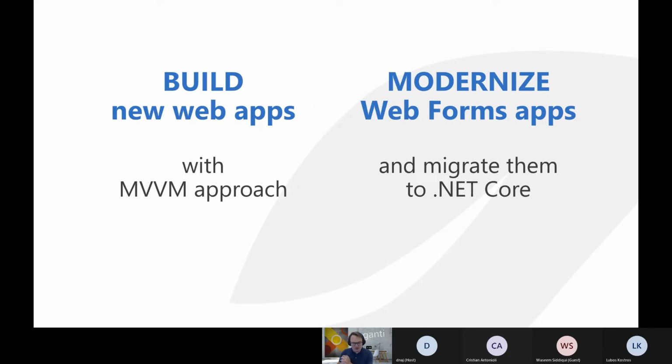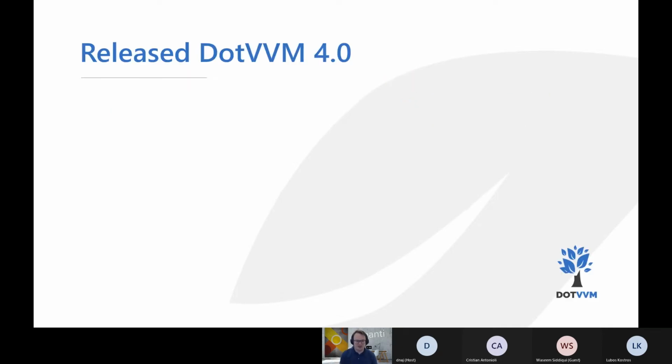And when you get rid of all dependencies of System.Web, which is not part of .NET Core, then you can just upgrade your project to .NET 6, and DotVVM will still work, and everything will be ready for taking advantage of new features that Microsoft has added to the new versions of .NET.